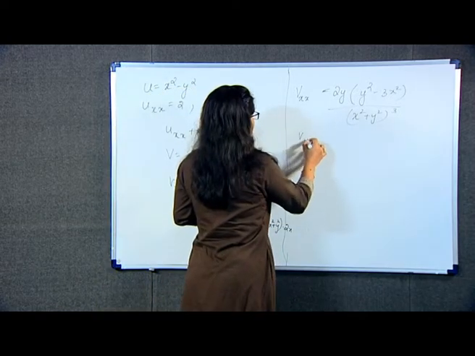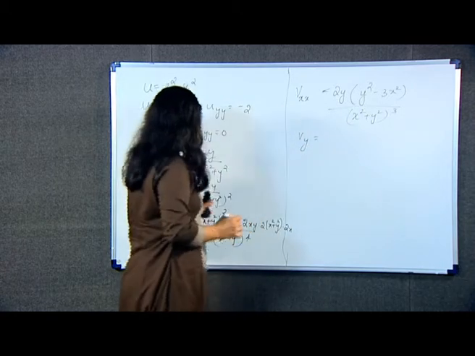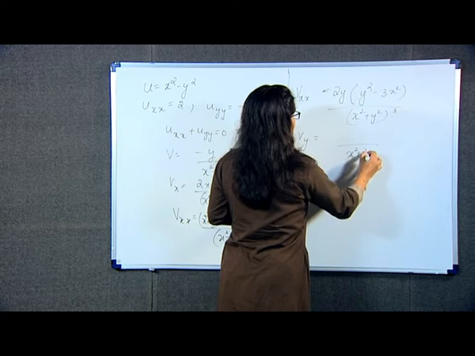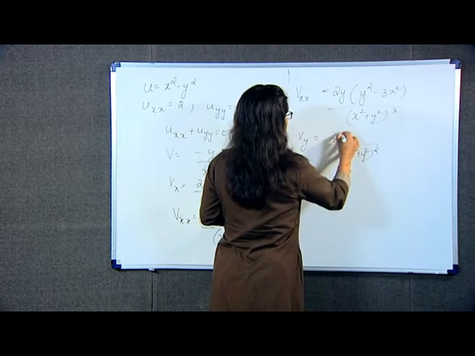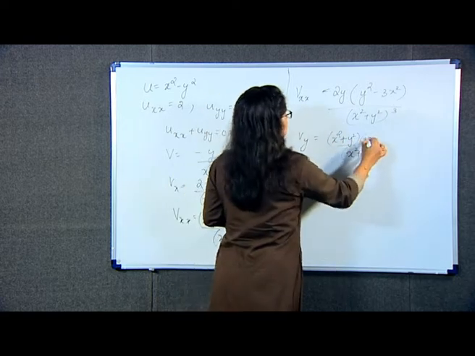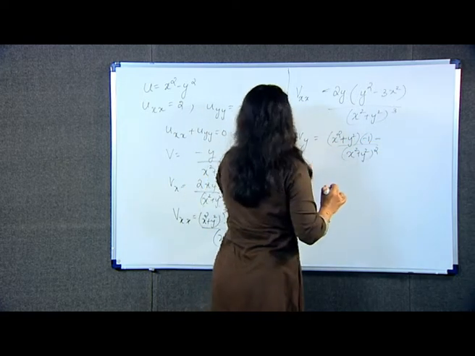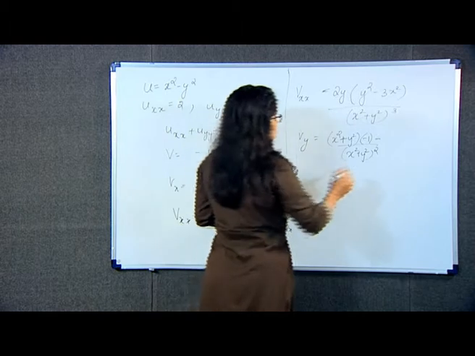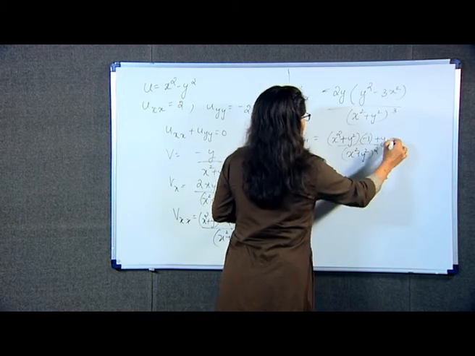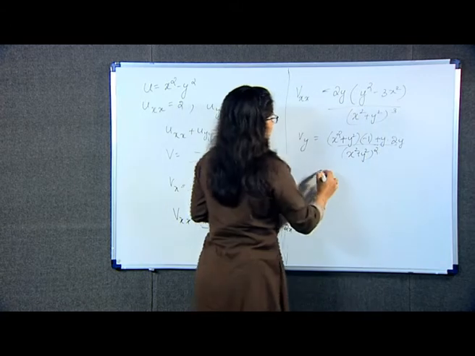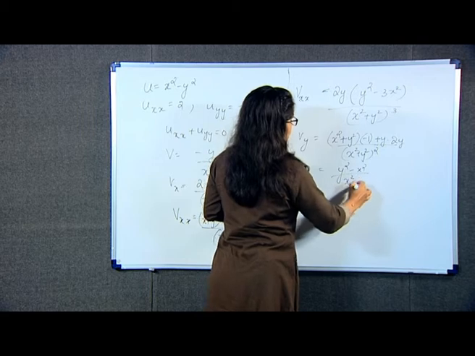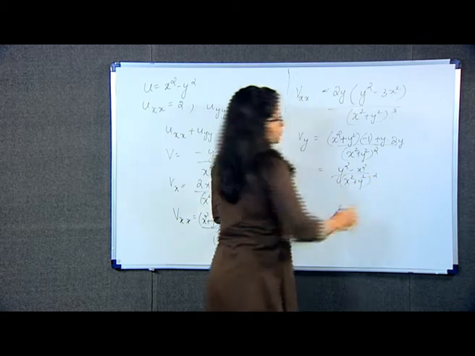So, your second order derivative of v with respect to x is this. Now let us see what is Vy and Vyy. Vy is x square plus y square into minus 1 plus y into the derivative 2y, divided by x square plus y square the whole square. This is nothing but y square minus x square by x square plus y square the whole square.